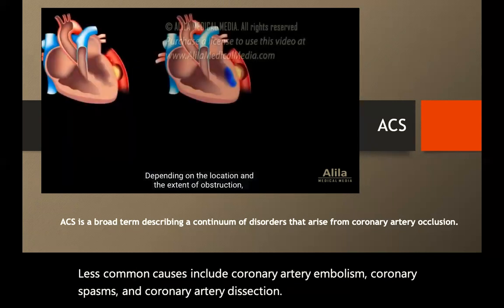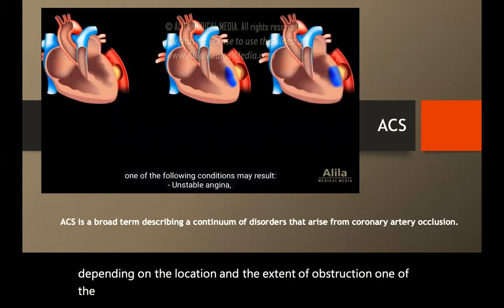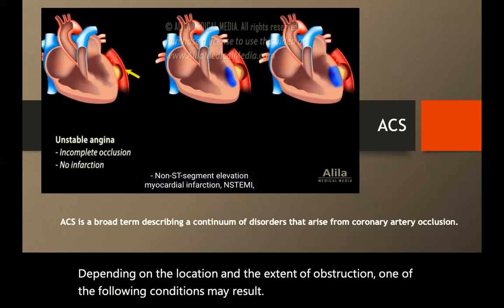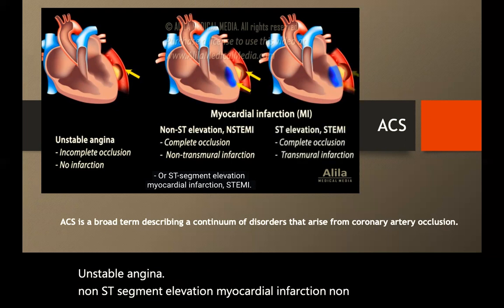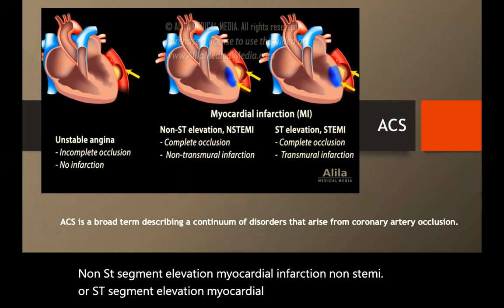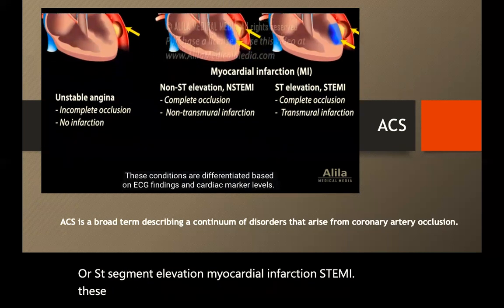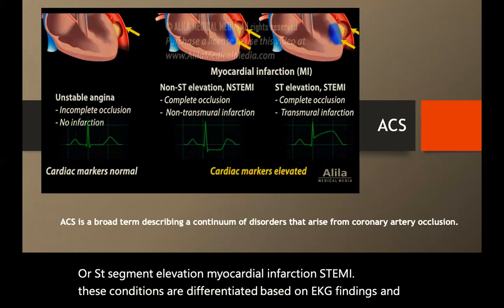Depending on the location and the extent of obstruction, one of the following conditions may result: unstable angina, non-ST segment elevation myocardial infarction, non-STEMI, or ST segment elevation myocardial infarction, STEMI. These conditions are differentiated based on ECG findings and cardiac marker levels.